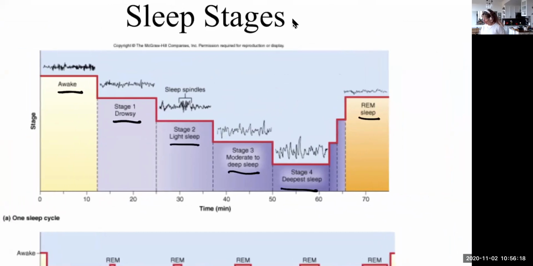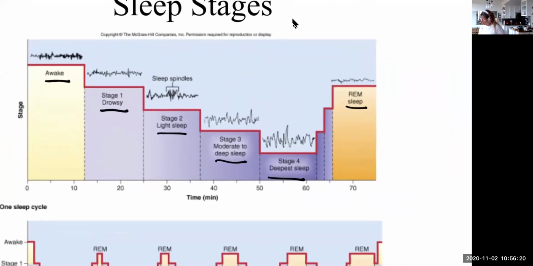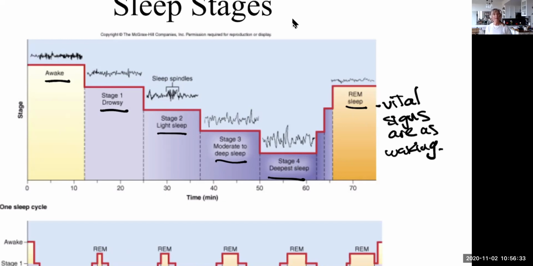And with rapid eye movement sleep, your vital signs are almost as waking. So the heart rate goes up, the respiratory rate goes up again.